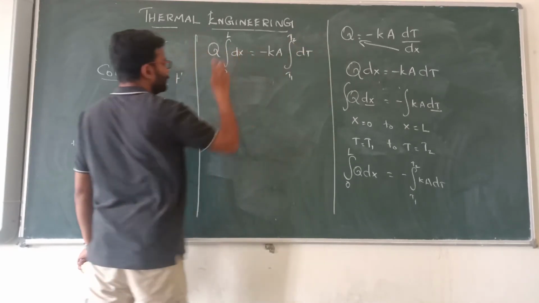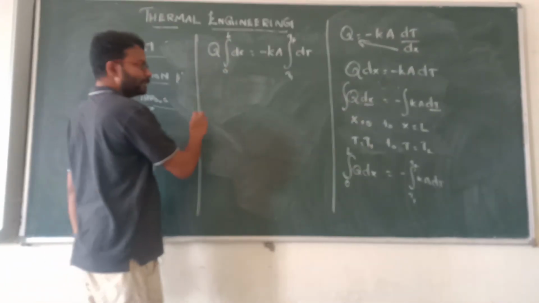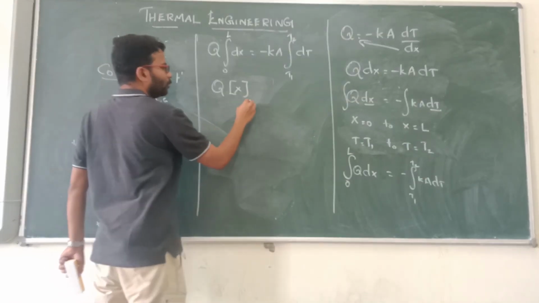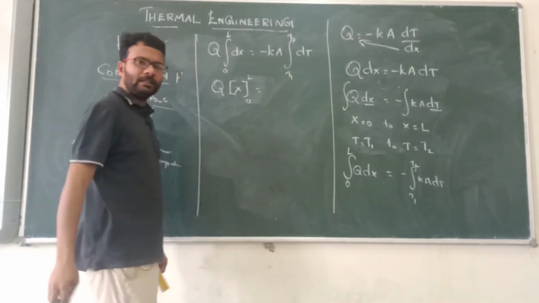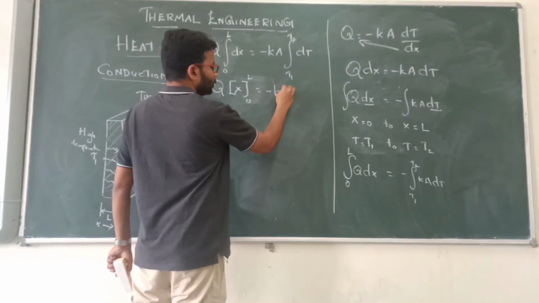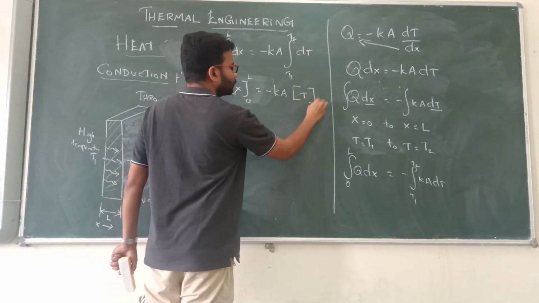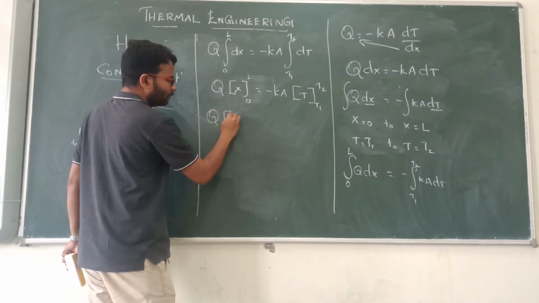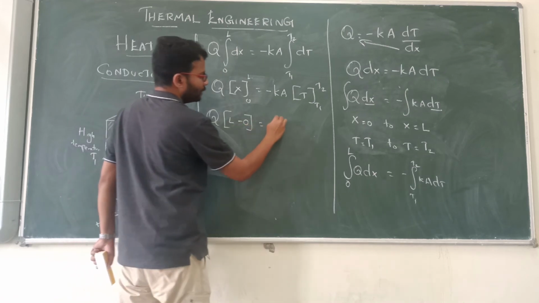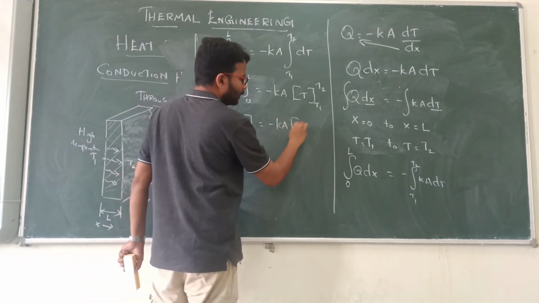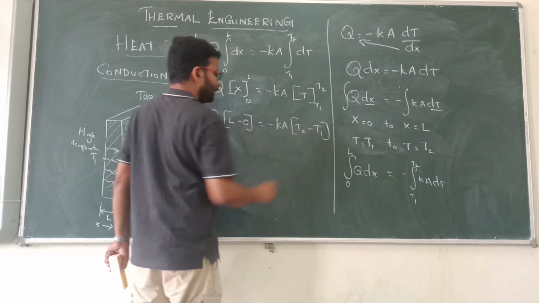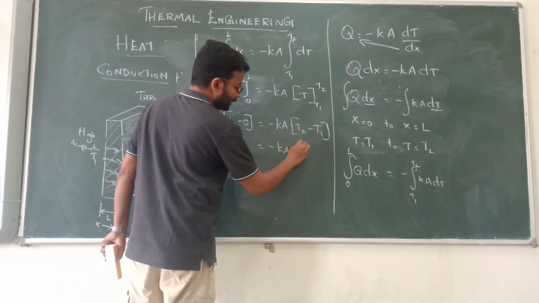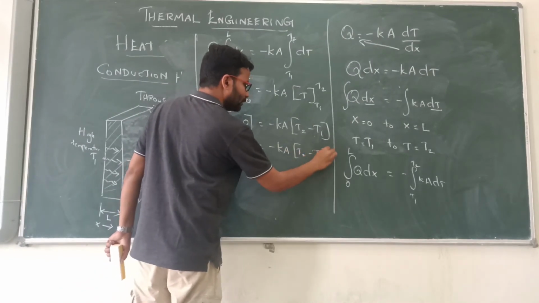The integration of dx is simply x, so Q of x from 0 to L. The integration of dT is T, so minus KA of T. Let's substitute the upper limit and lower limit: Q of L minus 0 is equal to minus KA of T2 minus T1. We get Q L is equal to minus KA of T2 minus T1.